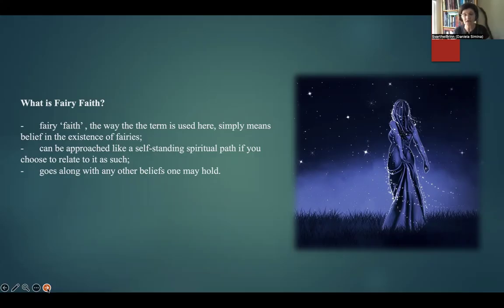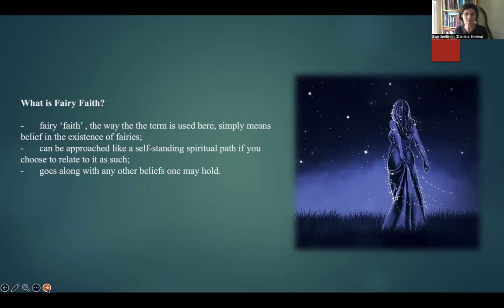So whatever your understanding, some understand them as just spirits of nature, some as not just spirits of nature. We'll cover all this, but whatever your belief happens to be, fairy faith as a term is meant to cover it.